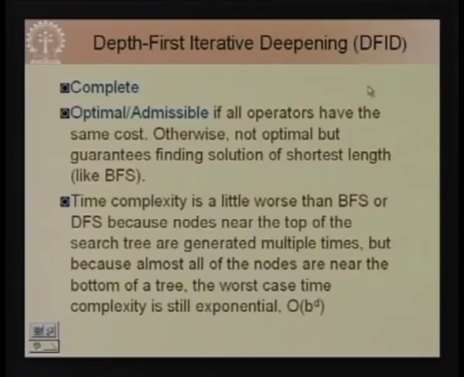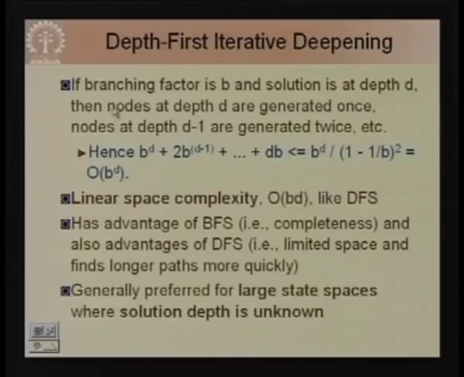So, depth first iterative deepening is complete. It is optimum if all operators have the same cost, and its time complexity is a little worse than breadth first search, because you notice that some nodes are expanded more than once, they are repeated. However, the order of node expansions is almost similar to breadth first search. So, if the branching factor is B and the solution is at depth D, then nodes at depth D are generated once, nodes at depth D minus 1 are generated twice and so on.